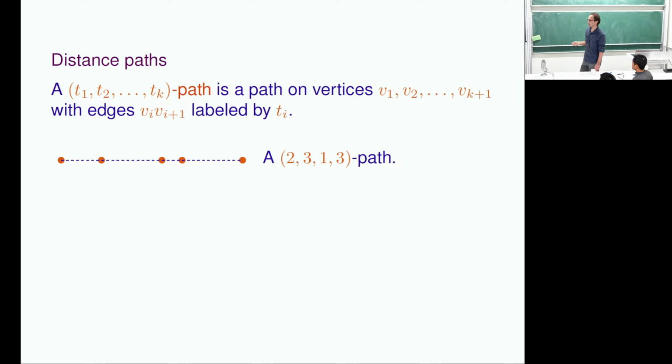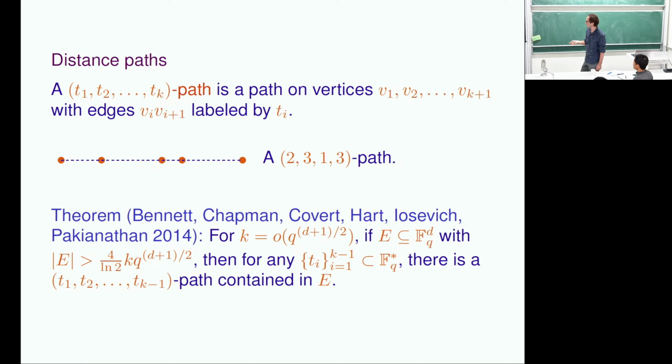To give an example of the sort of results that we're interested in, if we have a sequence of distances, then we can give a path that has those distances labeling the edges.